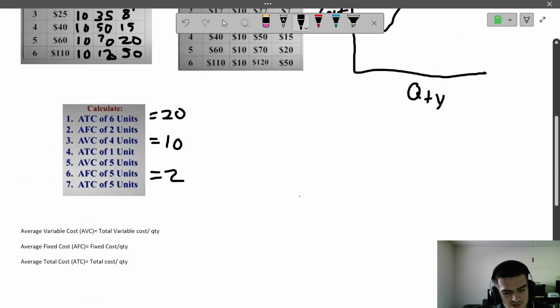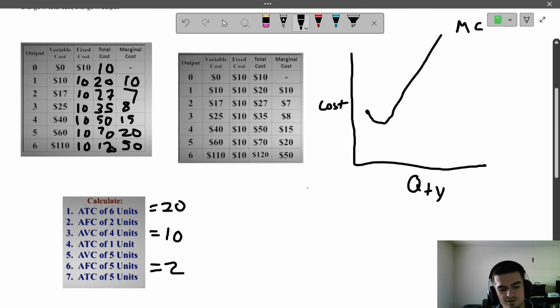Right? So then you have to put these together. Let's graph average fixed cost. Let's say this is unit 1, and this is $10.